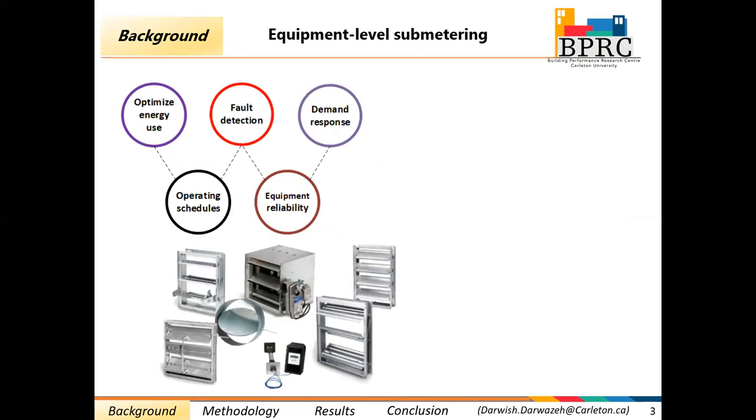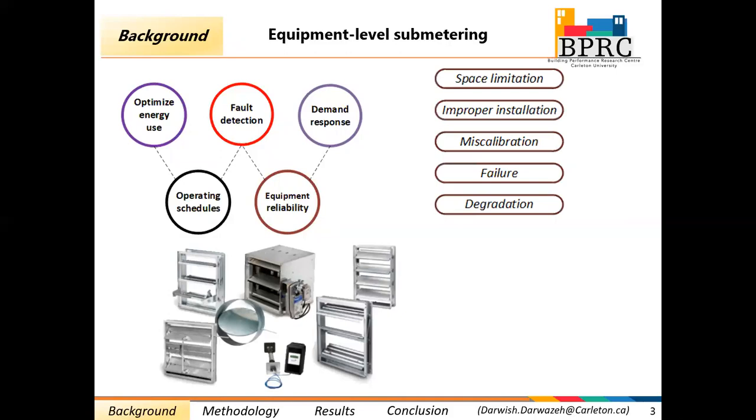Now, submetering at the equipment level is essential to understand energy flows in commercial buildings, to optimize energy use, to detect energy use anomalies, and improve operating schedules. However, submetering of HVAC equipment is still uncommon in most existing buildings due to practical issues in the metering infrastructure.